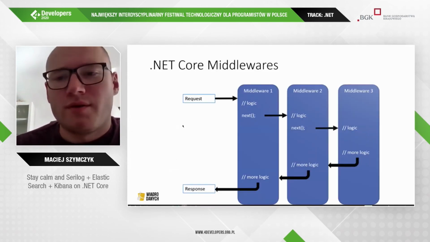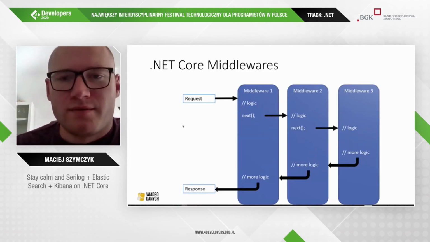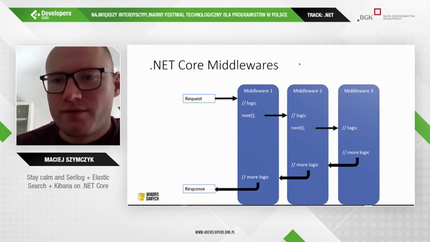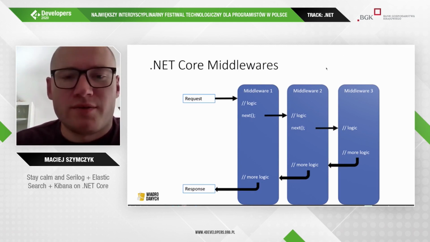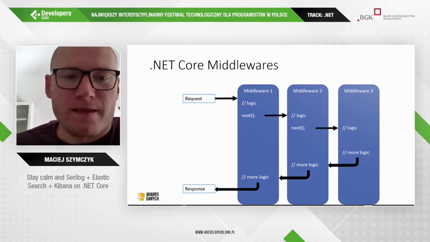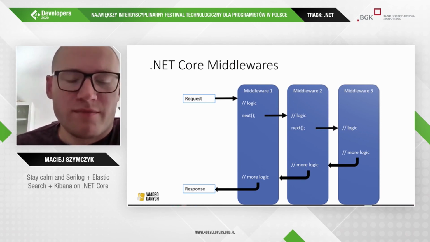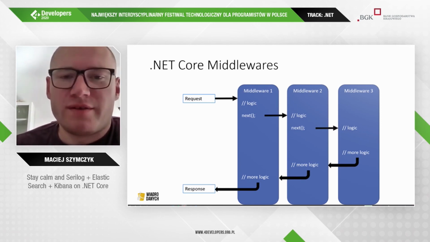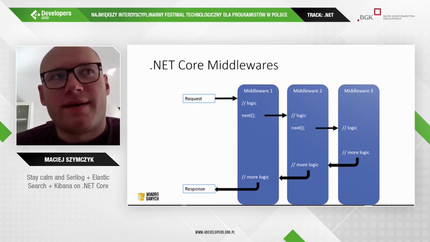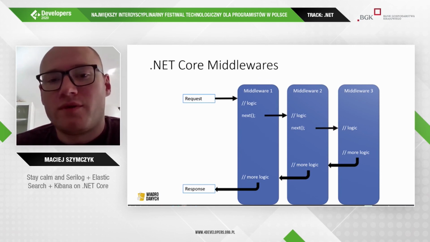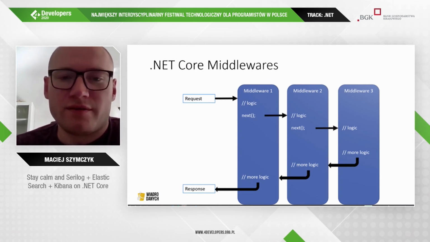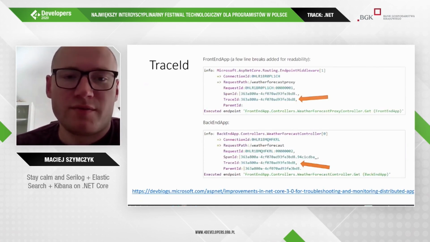So the middleware I was talking about earlier, we had to write by ourselves. Now we can use the one from the library, but we can still provide another middleware and enrich our log with some data. Maybe you want to log some headers from your request, etc.